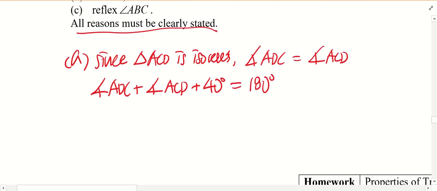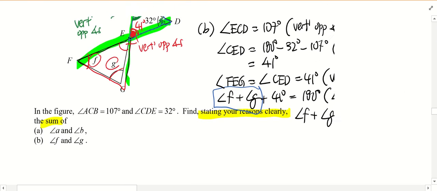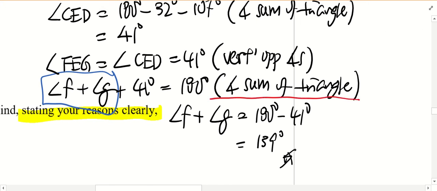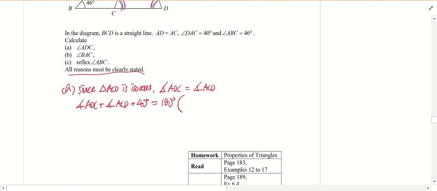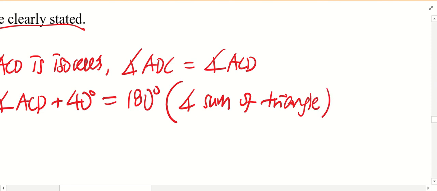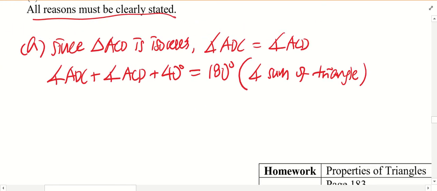We need to quote the reason immediately. What reason are we going to quote? I forgot how to name it, so let's check the previous example over here. Angle sum of triangle. So we're going to use this reason, angle sum of triangle. Let me scroll back down and write it here. Angle sum of triangle. So we have quoted the reason.